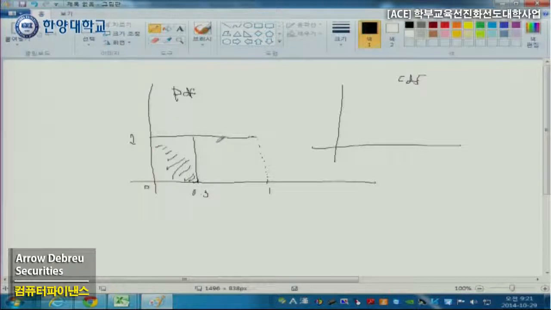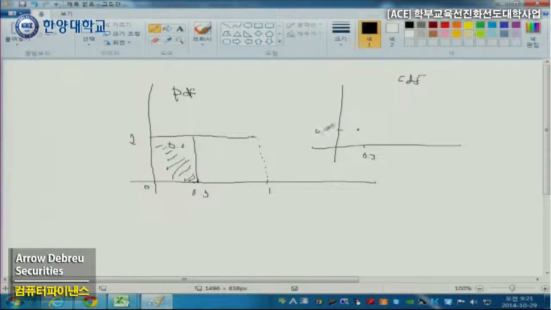This is the probability that I generate a random number less than 0.3. Then what would be the size of this area? The size of this area is again 0.3. So for 0.3, the probability that the random number is less than 0.3 is 0.3. Okay.